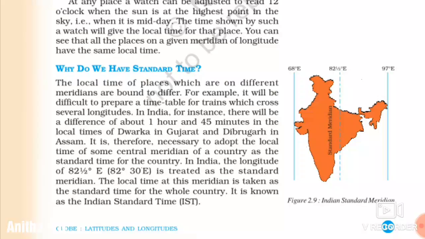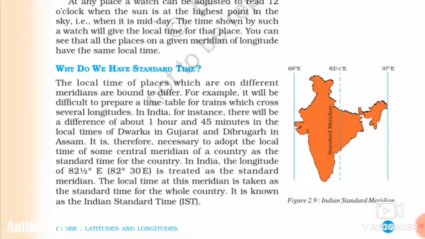Why do we have standard time? Because the local time of places on different meridians is bound to differ. For example, it will be difficult to prepare a timetable for trains which cross several longitudes.